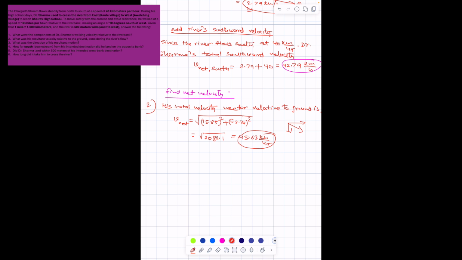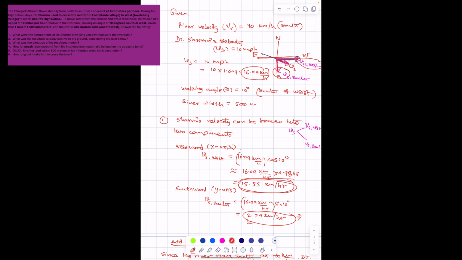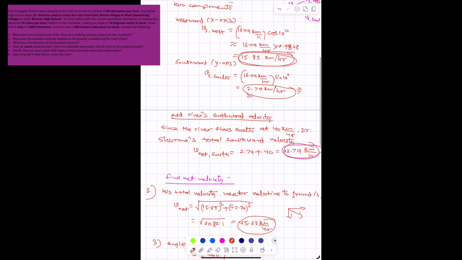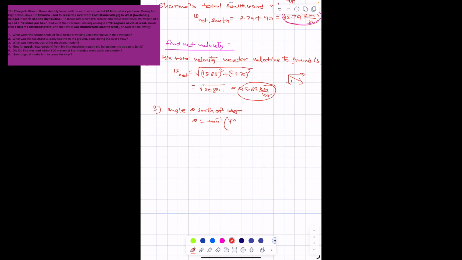Number 3, what was the direction of his resultant motion? So number 3 is the angle theta, south of west, right? We know that. So theta is always equal to tangent inverse of, what is the y component here? Y component is this component, that is equal to 42.79 kilometer per hour divided by x component 15.85.